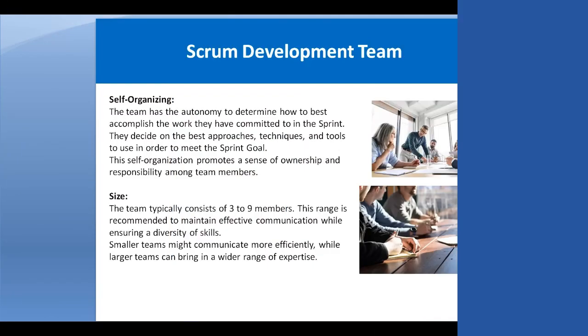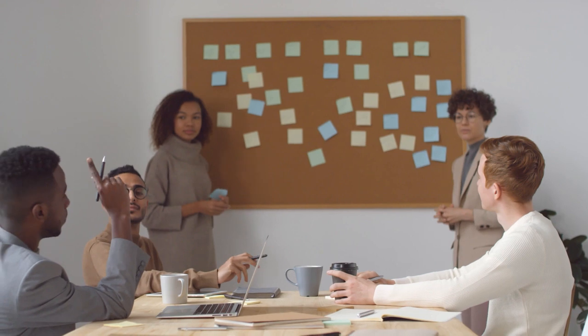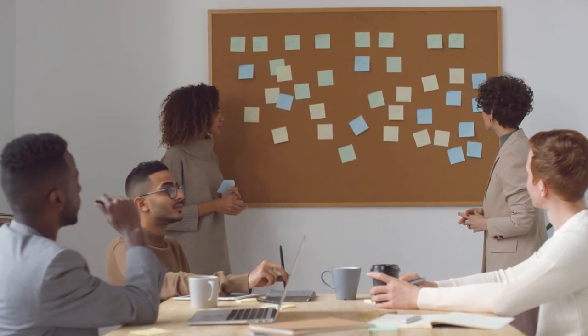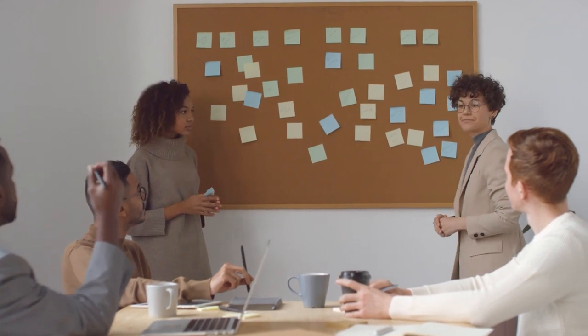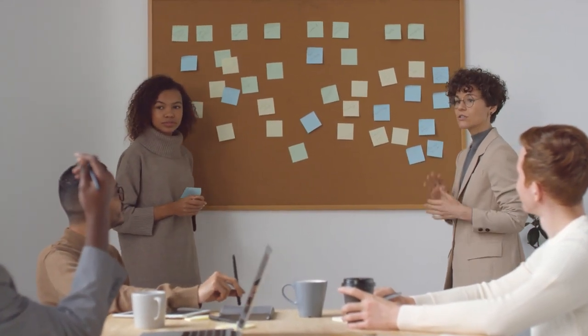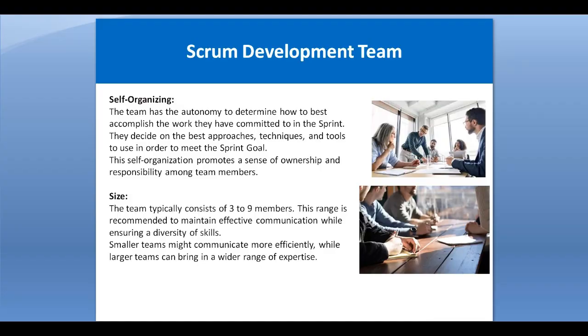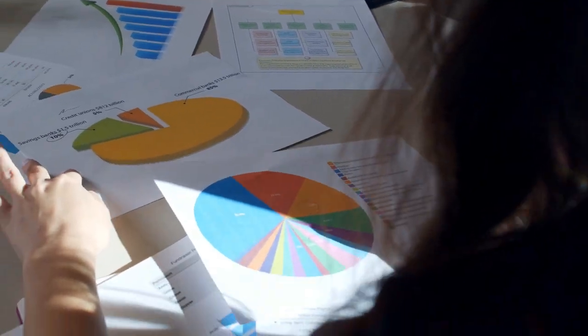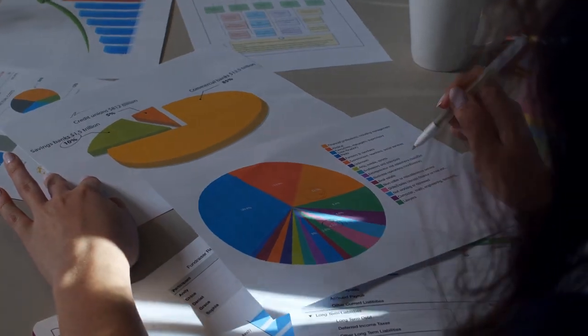Then self-organizing means the Scrum development team is self-organized, meaning they know how to accomplish the work. They decide the best approach, tools, and techniques to meet the sprint goal, what they want to achieve at the end of the 3 to 4 week time period. Self-organization promotes a sense of ownership and responsibility among team members.